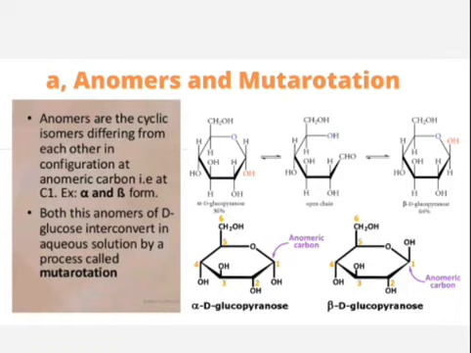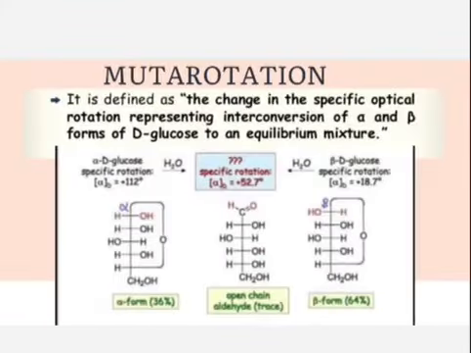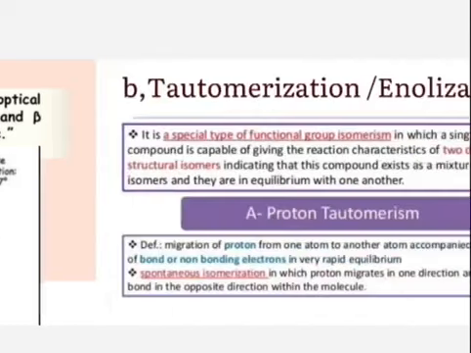The anomers of D-glucose interconvert in aqueous solution by a process known as mutarotation. So this is an example of mutarotation. The alpha form 36% and beta form 64% will interconvert from one form to another until they reach an equilibrium mixture.